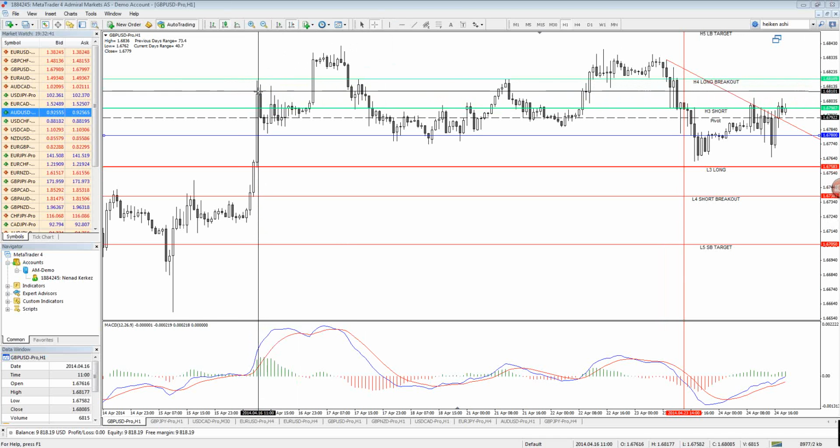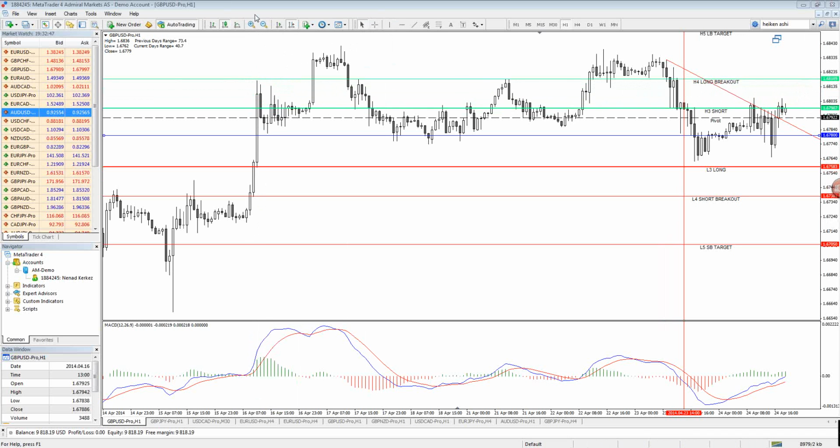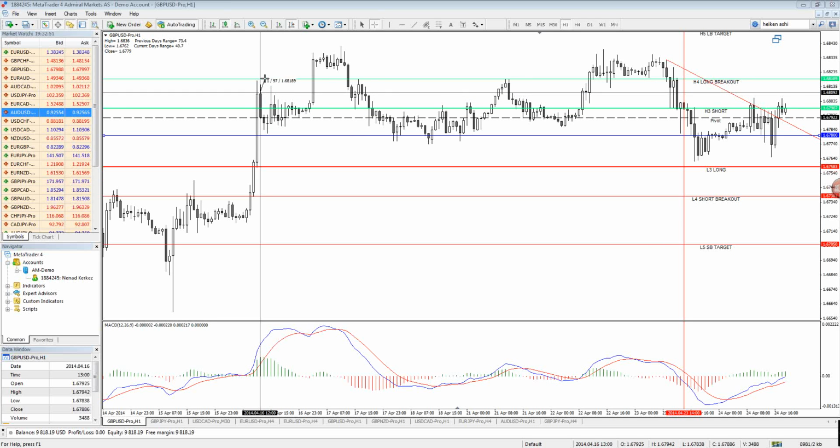You would place it some 10 pips above this green pivot point level, so it would only be 20 pips, 10 and 10 added.